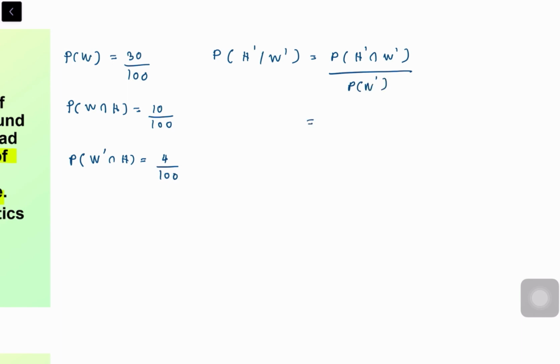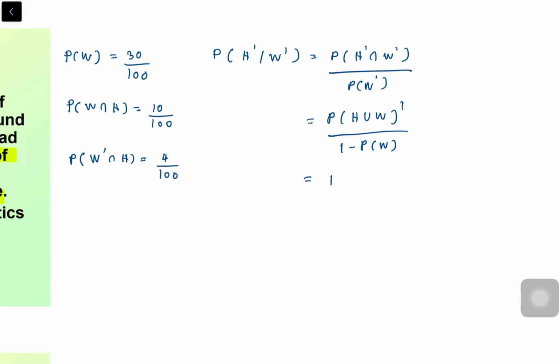By using De Morgan's rule, this will be equivalent to 1 minus the probability of H union W, divided by 1 minus the probability of W.